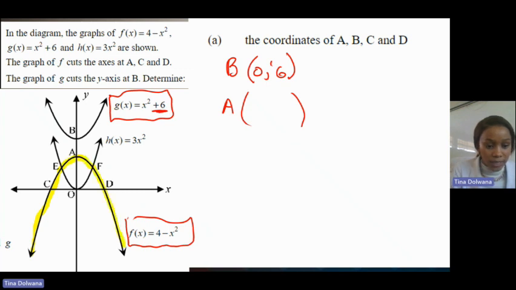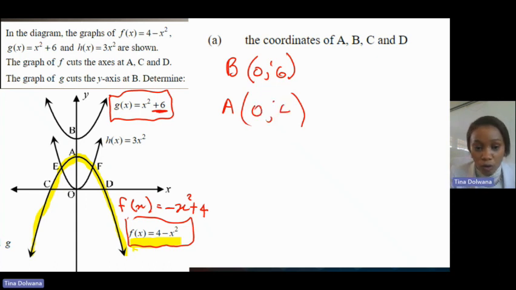We have highlighted it, and this is the graph of F. So it's quite easy for us to say that, okay, as much as it doesn't look like it's in its standard form, it is in its standard form. It's just that negative x squared usually comes first, and then obviously 4 is positive. So it should look like that for us to read it quite nicely. So therefore we have (0; 4).